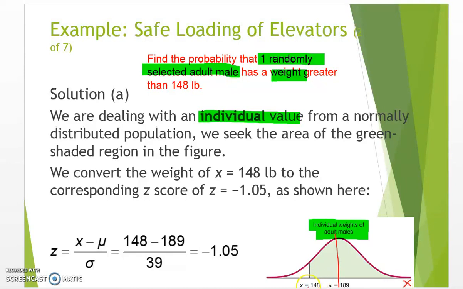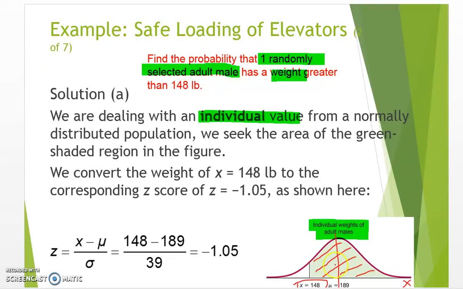In this case, we're interested in 148, checking the probability that one selected male has a weight higher than 148. So 148 is to the left of the mean, and you're looking at the chance of the weight being higher than 148, so to the right of this 148.